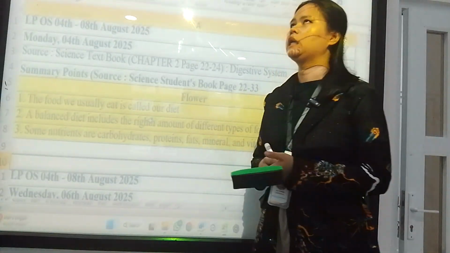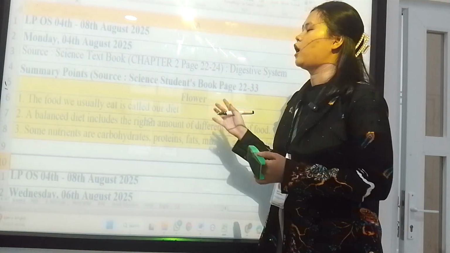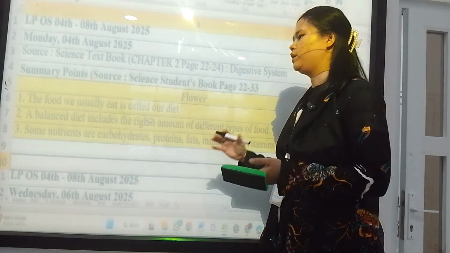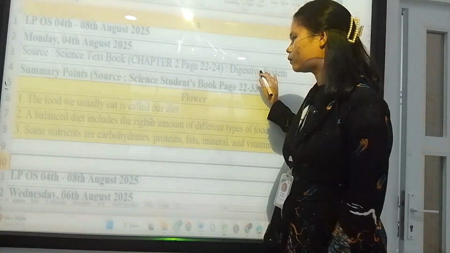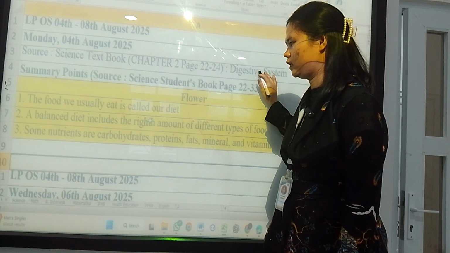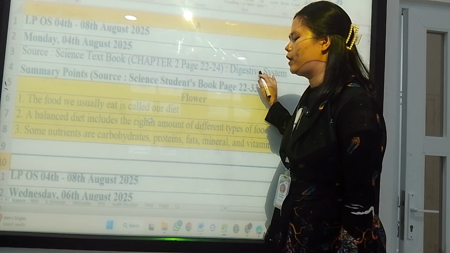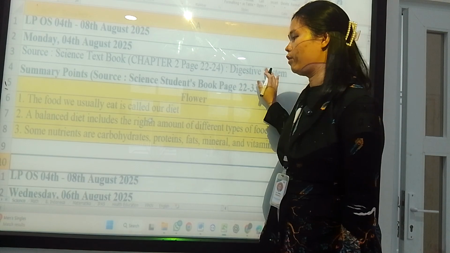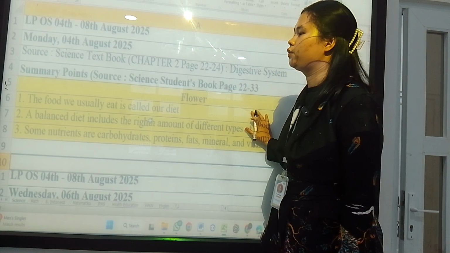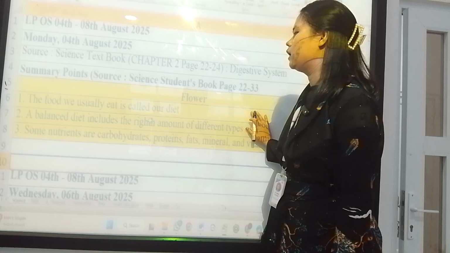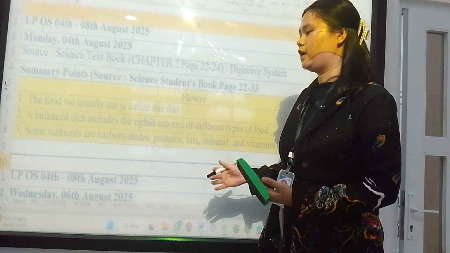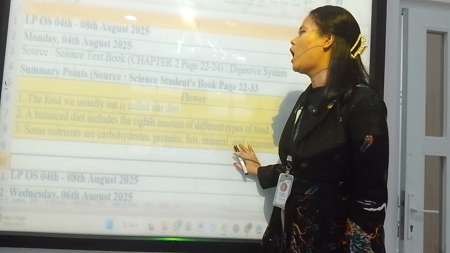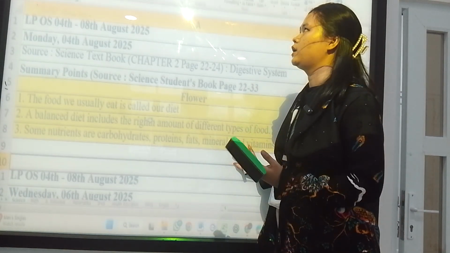Right amount means that the carbohydrate and the vegetable need to be the same proportion on the plate that the picture shows. And a balanced diet helps you to maintain your weight and sustain your energy. And the food that we usually eat, that diet name, is how you make your proportion.